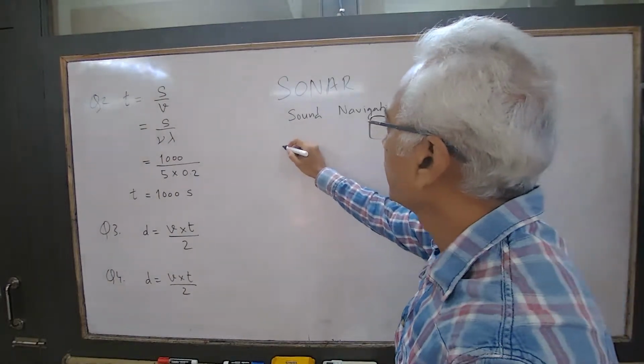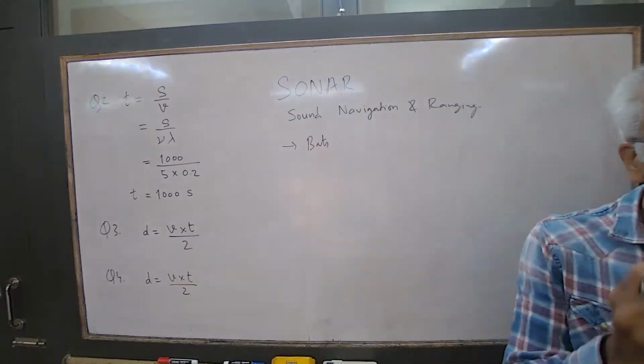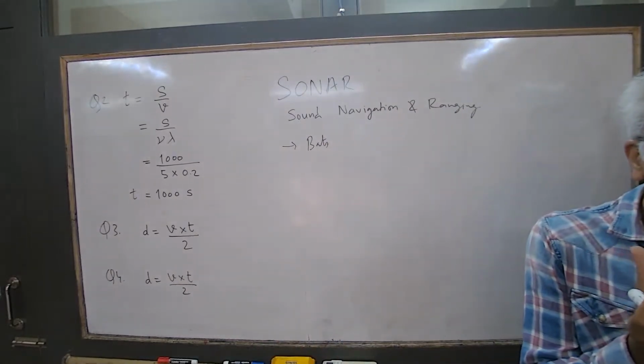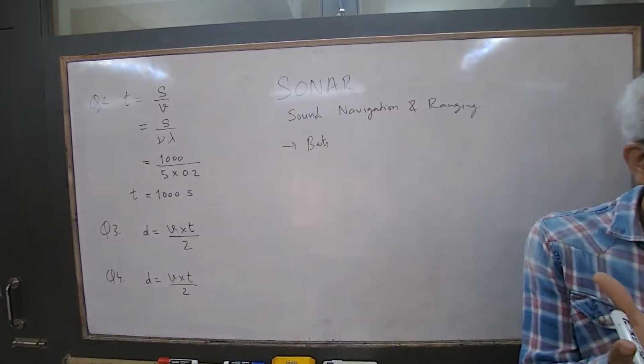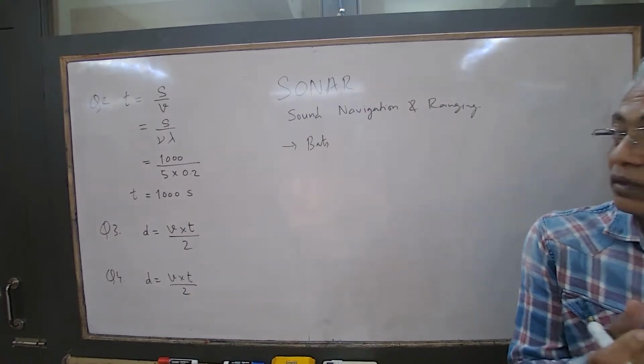It is used by animals such as bats. Bats use it because bats can't see, but they produce ultrasound waves.